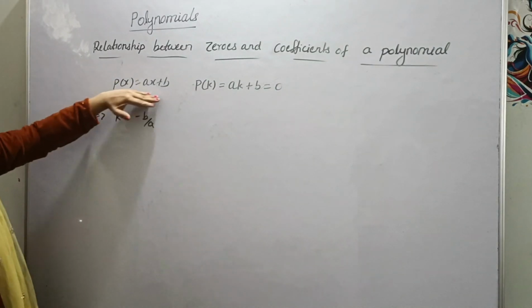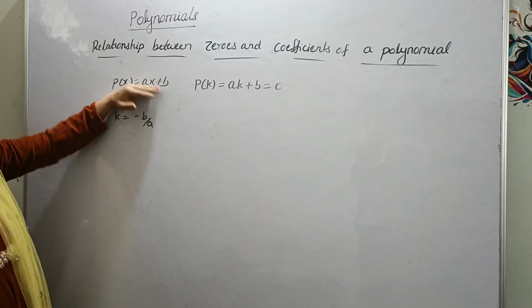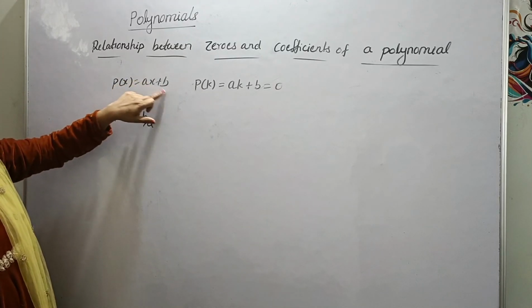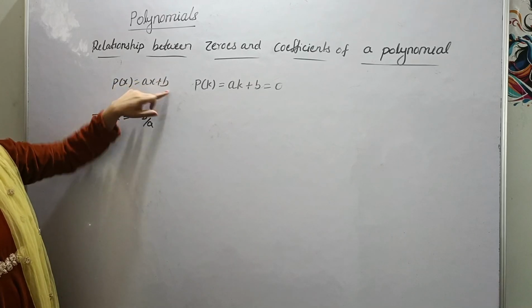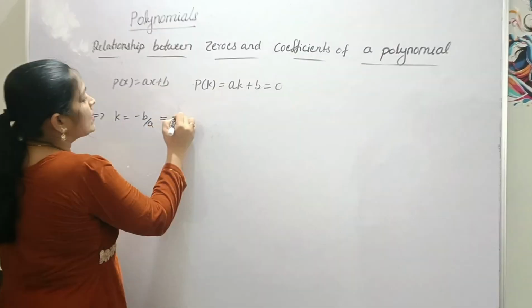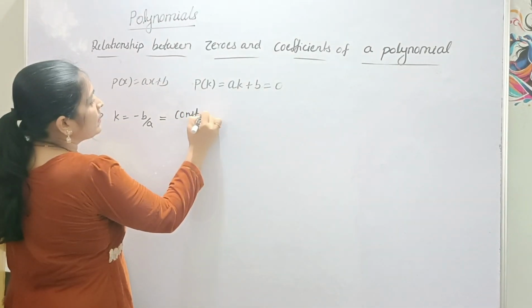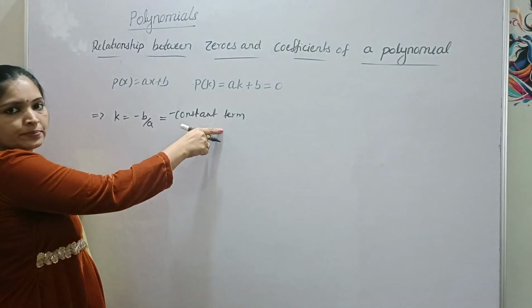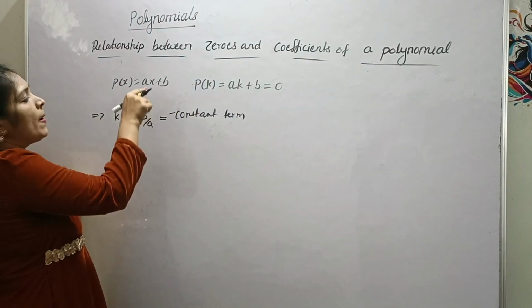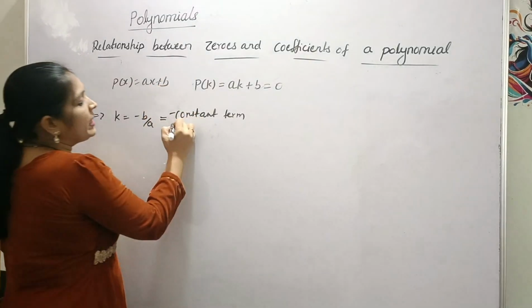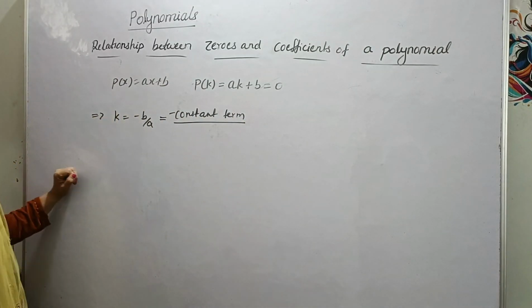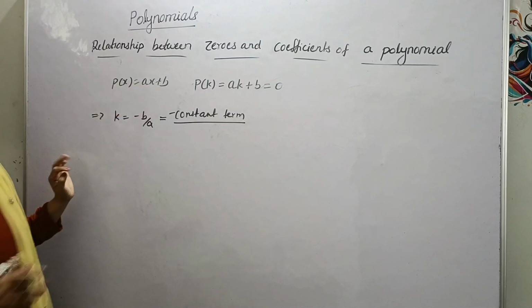So 0 of this linear polynomial is minus b by a. What is b here? B is nothing but constant term. Right? That is constant term. Minus of constant term. Okay? Minus b. So minus of constant term divided by what is a? A is the coefficient of x. Okay.